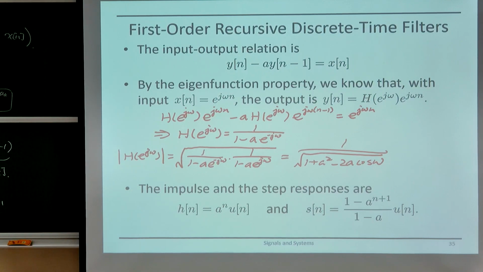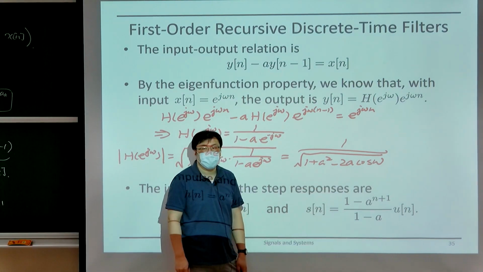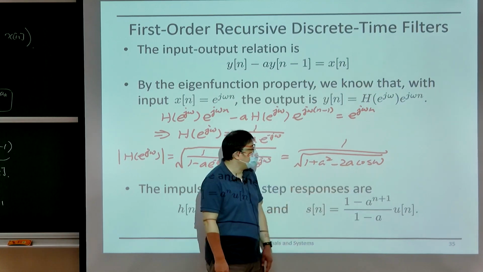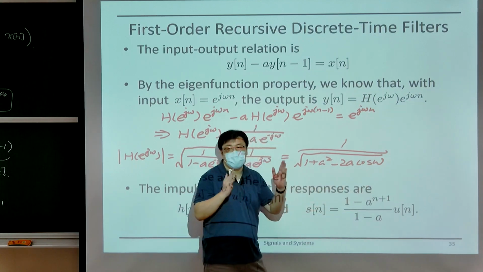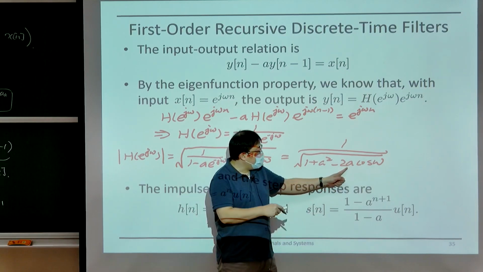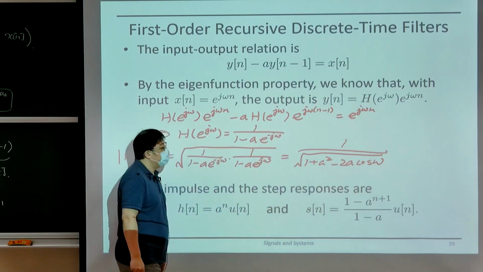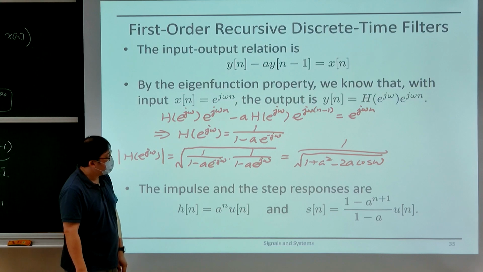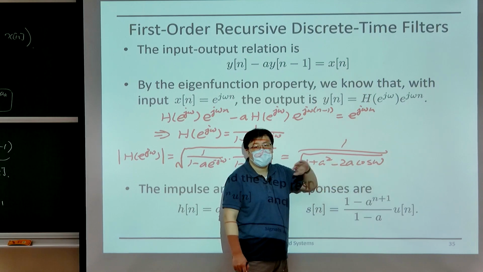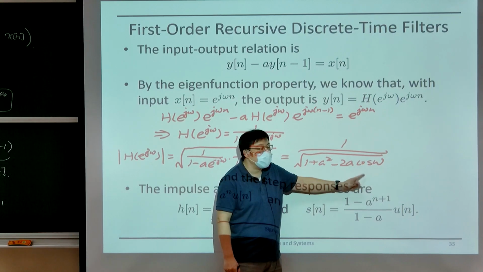Now, whether or not this is a low-pass or high-pass really depends on whether a is positive or negative. All right. So assuming a is positive, and that we're looking at ω over a 2π range from minus π to π, then as ω increases from 0 to π, this cosine becomes smaller and smaller, okay?